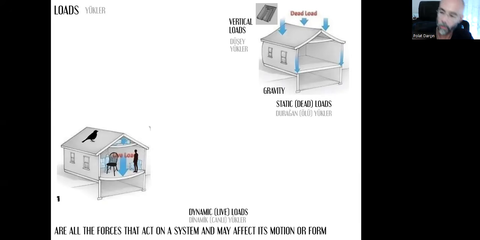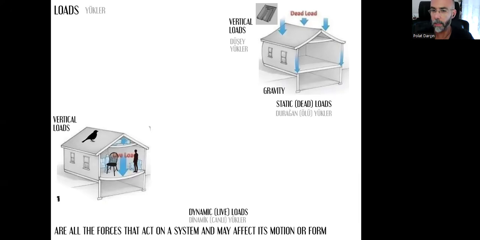Instead of one bird, if there are five birds, the level of the load will change. So these may change, opposite to the static loads, which are always there and which are casting the same amount of load all the time. Their presence may change, their levels may change.